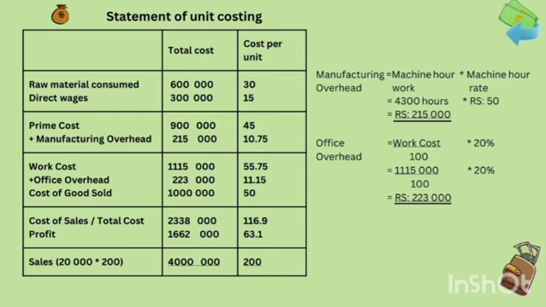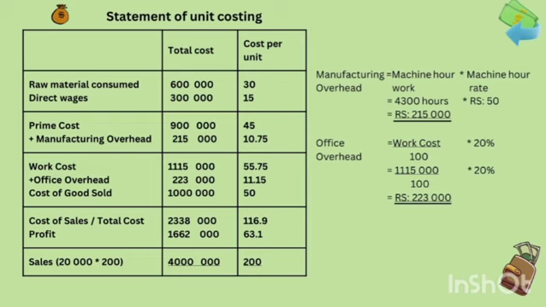Therefore, the work cost is 55.75. Office overhead of 2 lakhs 23,000 divided by 20,000, answer is 11.15. Cost of goods sold 10 lakhs divided by 20,000, answer is 50. The addition there is 116.9.